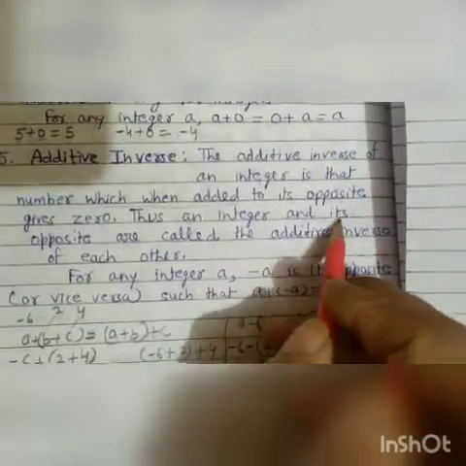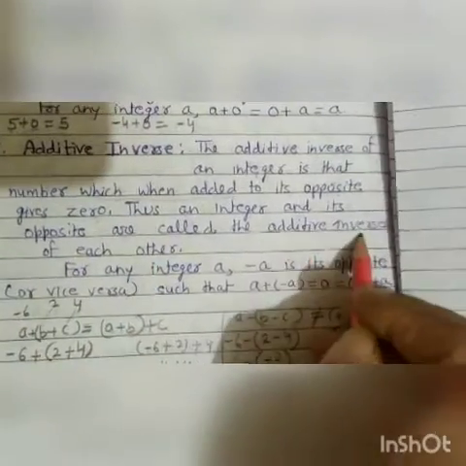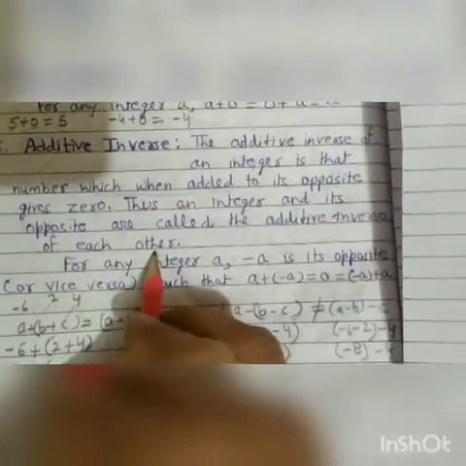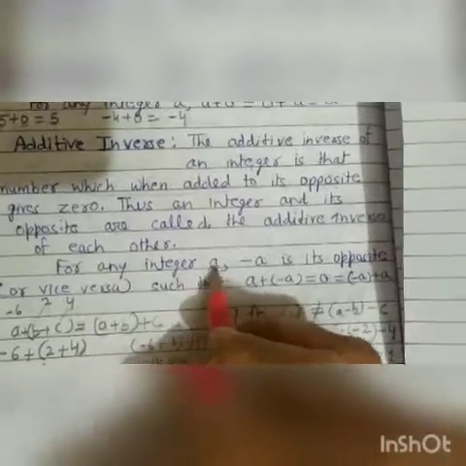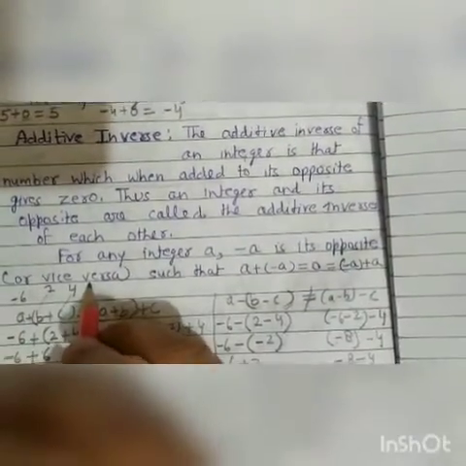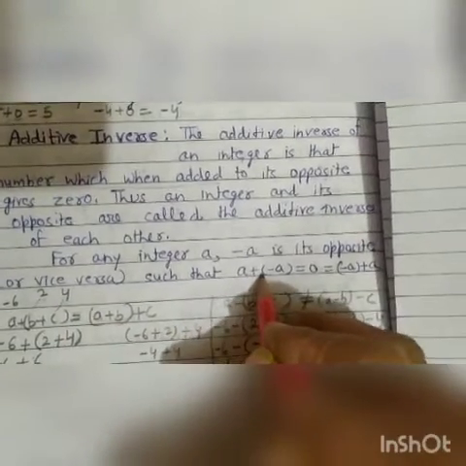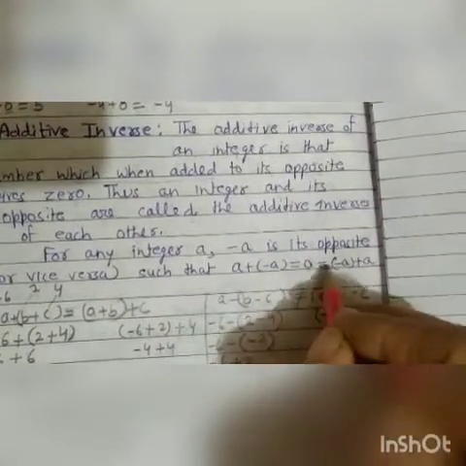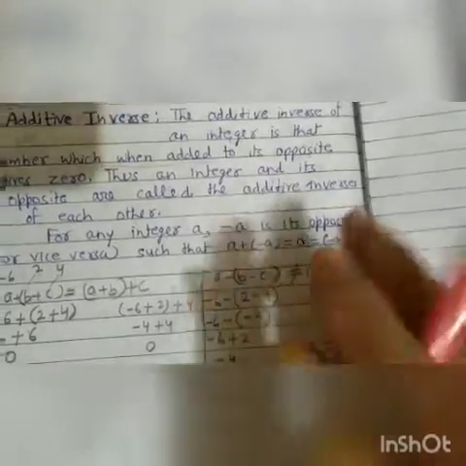Thus an integer and its opposite are called the additive inverse of each other. For any integer a, minus a is its opposite and vice versa, such that a plus minus a is equal to 0 or minus a plus a is equal to 0.